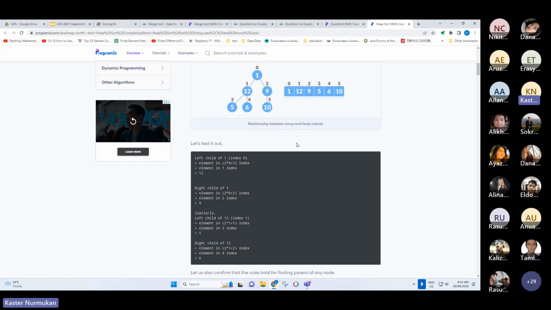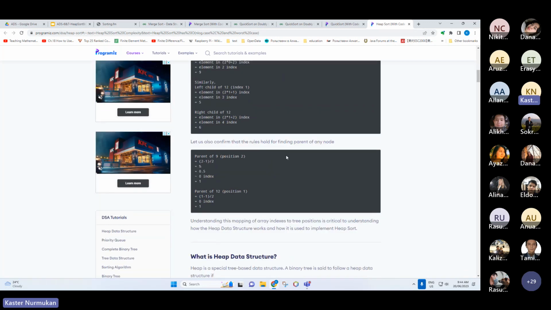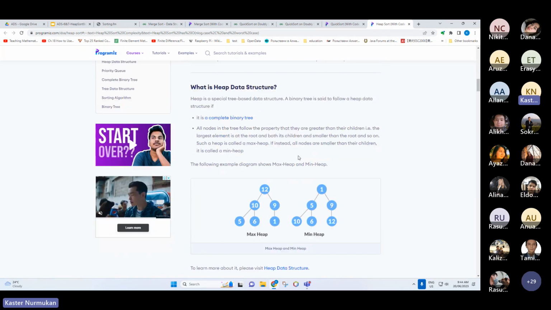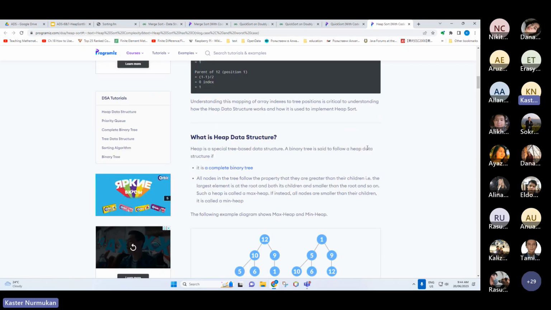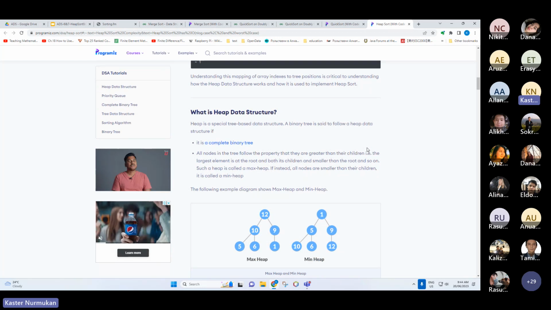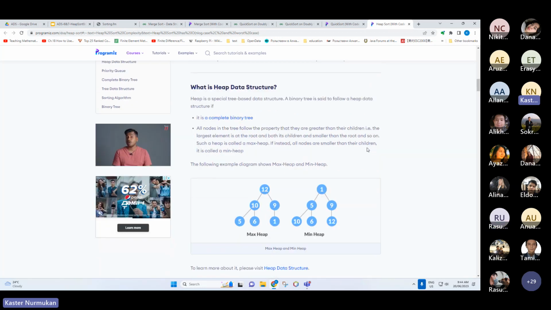We can store it in an array or linked list, no problem. Even if it's more complicated, we can still do it.